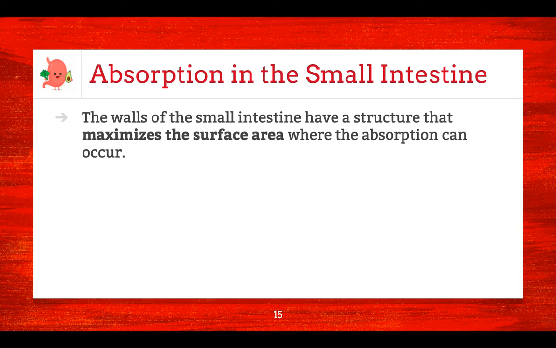The walls of the small intestine have a structure that maximizes the surface area where the absorption can occur. And so it does this in sort of three main ways. So first, the inner mucosa, which is the lining of the small intestine, is folded, right? So there's a bunch of folds, which increases the surface area.